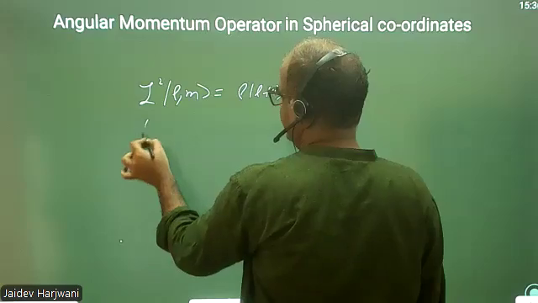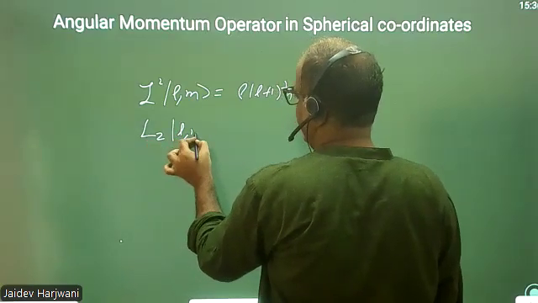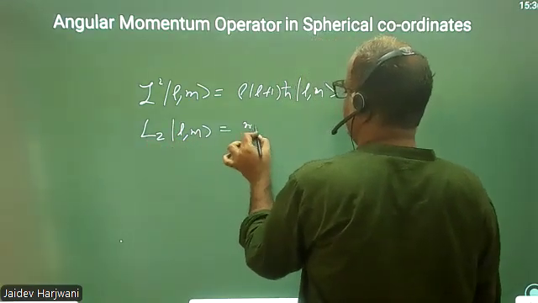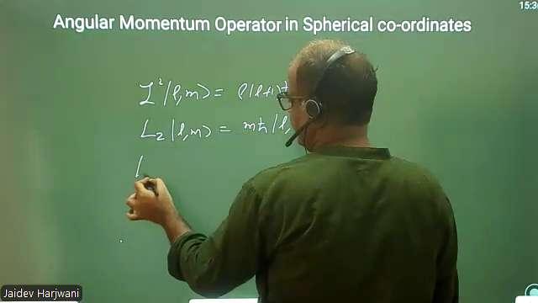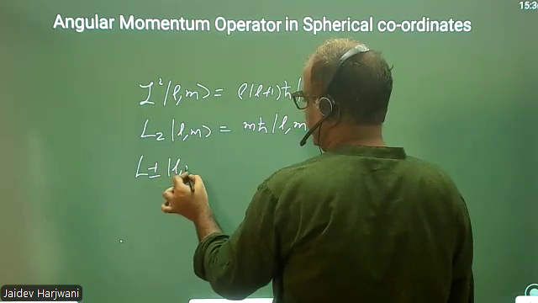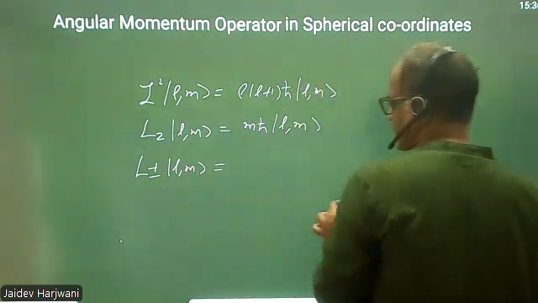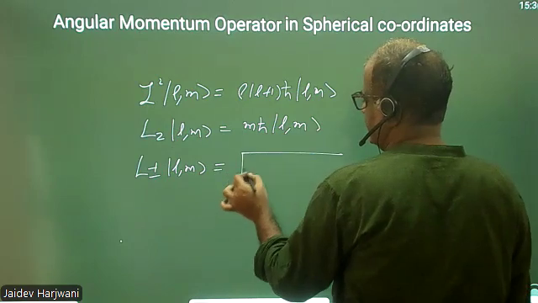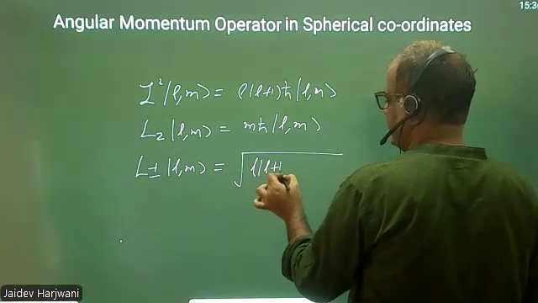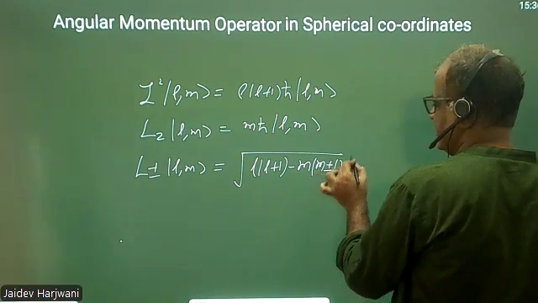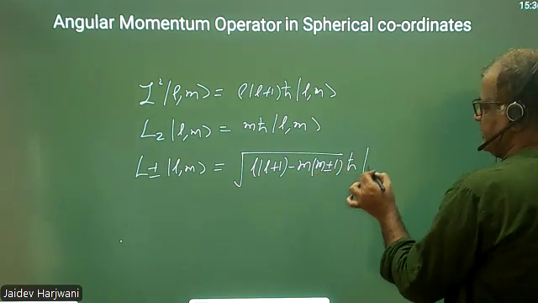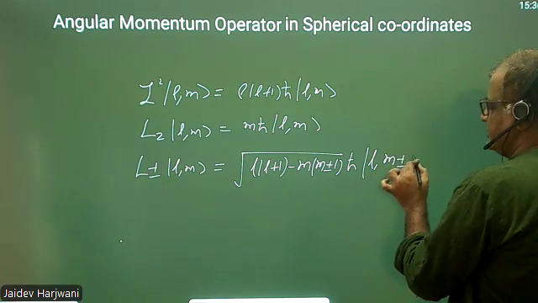Similarly, when Lz operates on |l,m⟩, you get the eigenvalue mħ, and when the ladder operators operate on the state |l,m⟩, we get the eigenvalue √(l(l+1) − m(m±1)) ħ |l,m±1⟩.